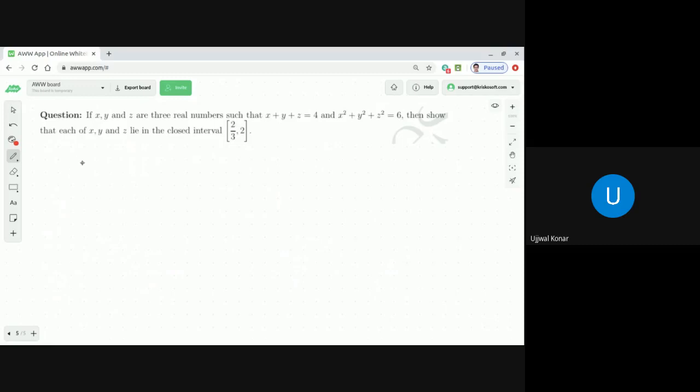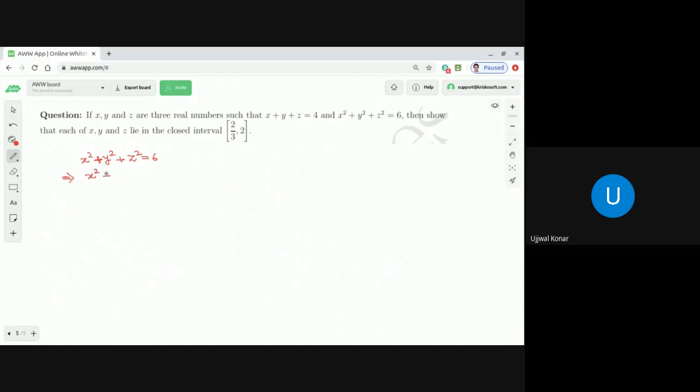So we have x square plus y square plus z square is equal to 6. Correct, na, dear students? Now, what is x plus y plus z? It is given as 4. So instead of z in this equation, we can write 4 minus (x plus y).